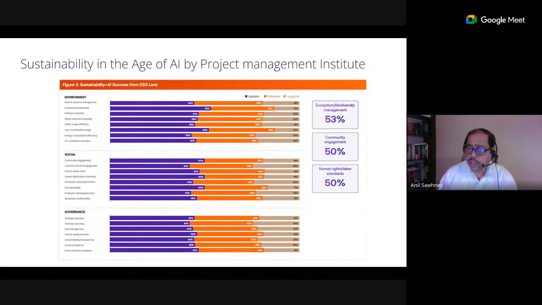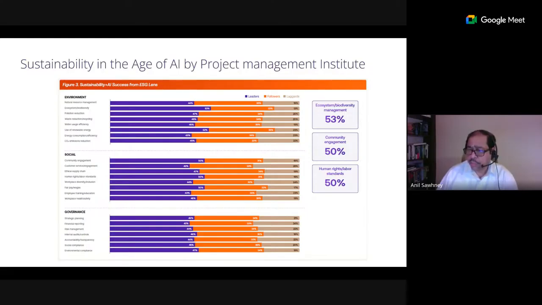You will see sustainability and AI success from ESG, environmental, social, and governance aspects. You can see some key indicators like people are using AI to do biodiversity management, which is an important aspect of sustainability in the built environment.